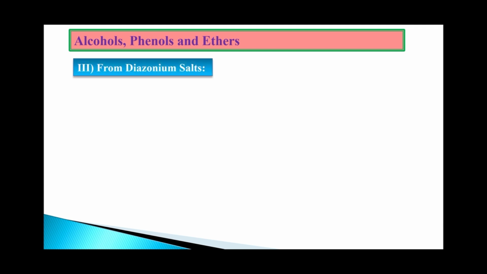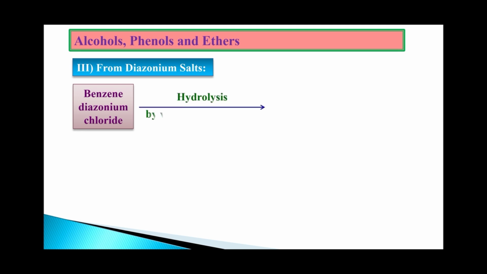Now we move to the third one, starting from diazonium salts. Benzene diazonium chlorides are commonly used for the preparation of phenols. When benzene diazonium chloride is hydrolyzed in the presence of water or treated with dilute mineral acids, we get phenols directly. Benzene diazonium salts are prepared from aniline.